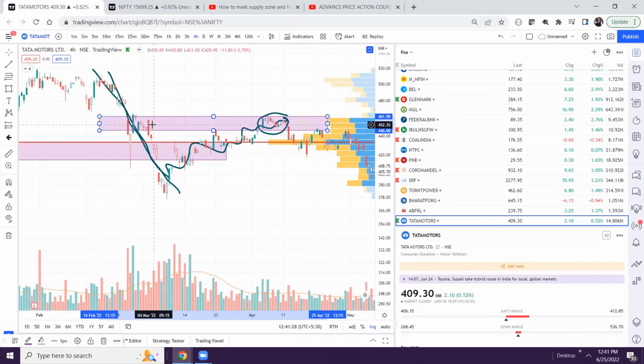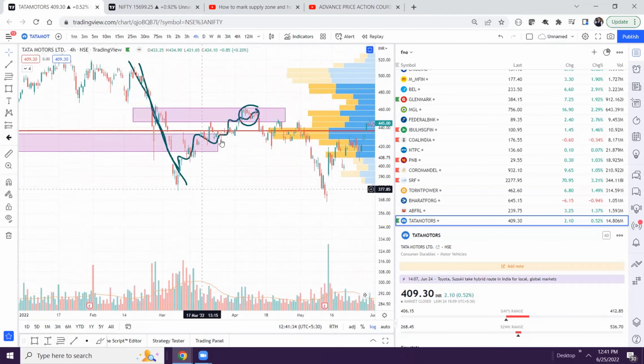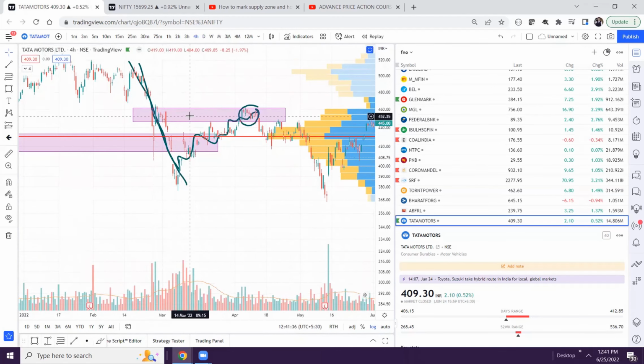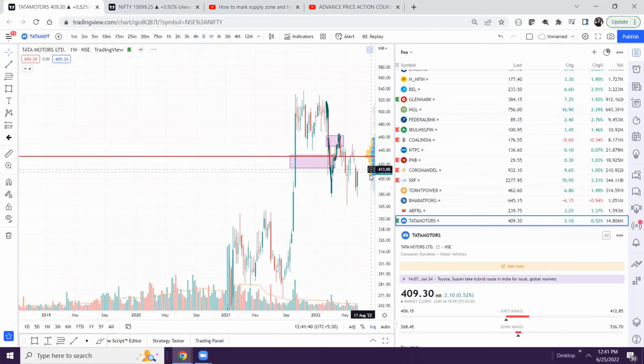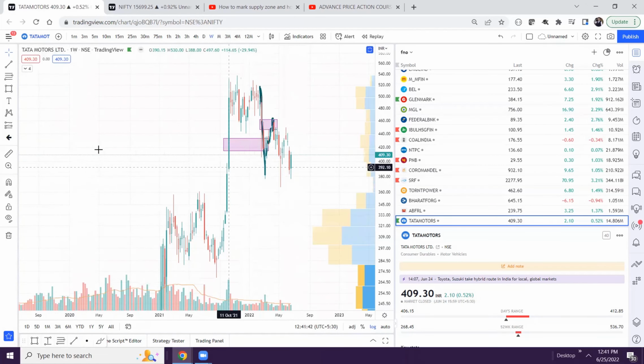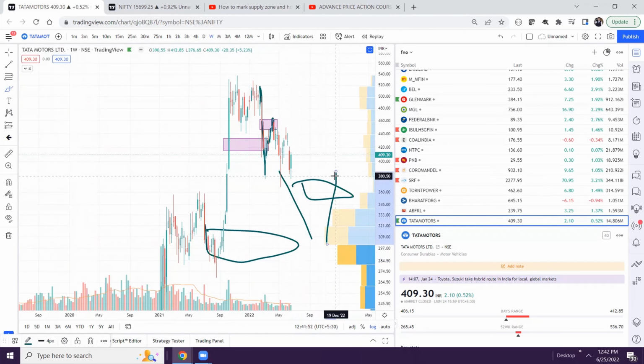So if a demand zone gets broken, it means now the trend has reversed, and now we should look for supply zones. And similarly, when price reaches a supply zone and you see one supply zone getting broken, then that means now supply is over and demand is more than supply.